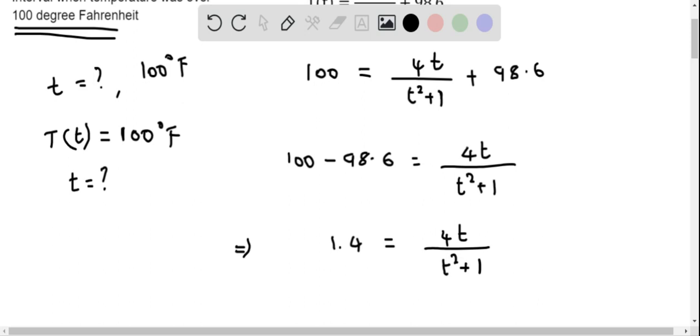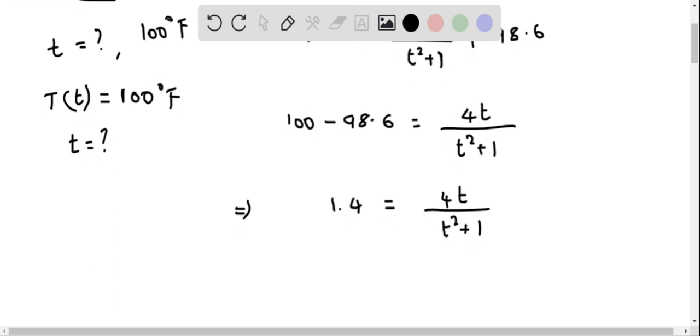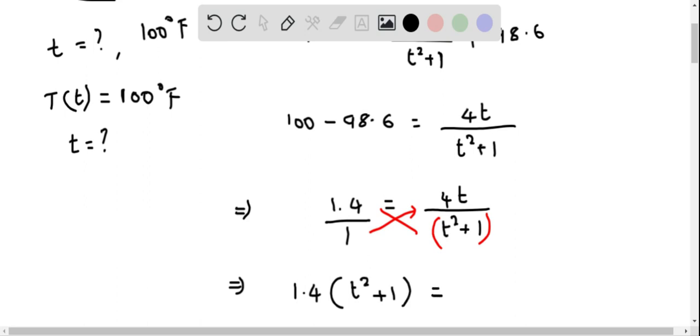So we have 1.4 on the left side equals 4t over t squared plus 1. Now we can do the cross multiplication. For that I consider this 1.4 as 1.4 over 1. We multiply this 1 with 4t and this 1.4 with this quantity t squared plus 1 in the denominator. So it becomes 1.4 times t squared plus 1 equals 4t.